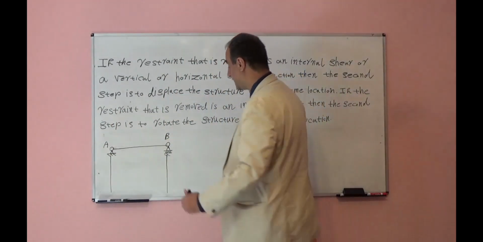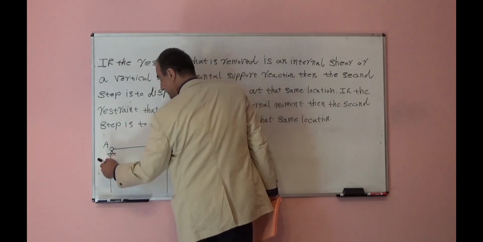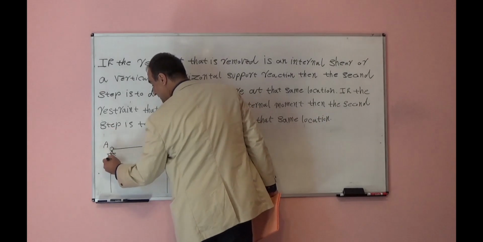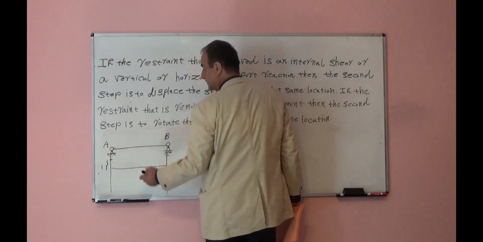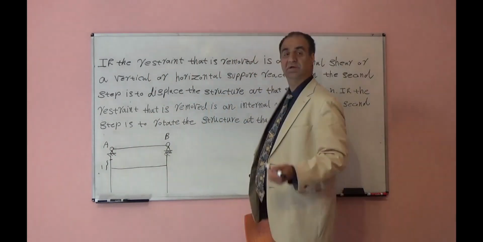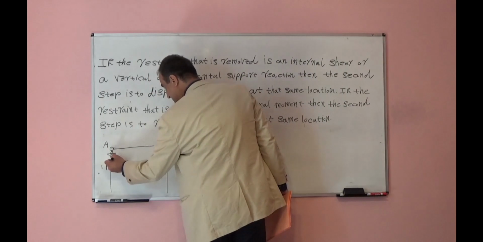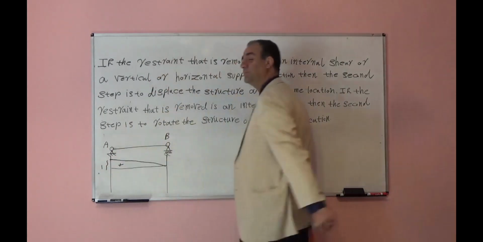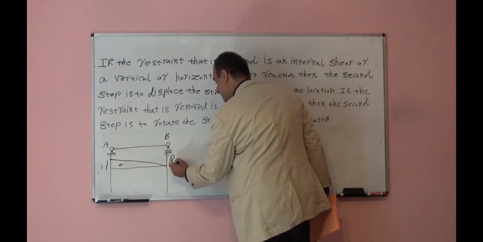Then I will apply unit displacement at point A. I will take point A and I will move up 1 unit. So how structure will deform? I will draw the deformed shape of structure. Will be like this. This will be influence line for reaction at point A.